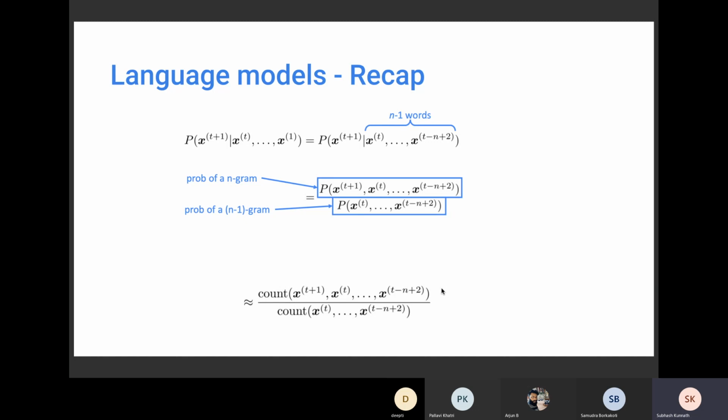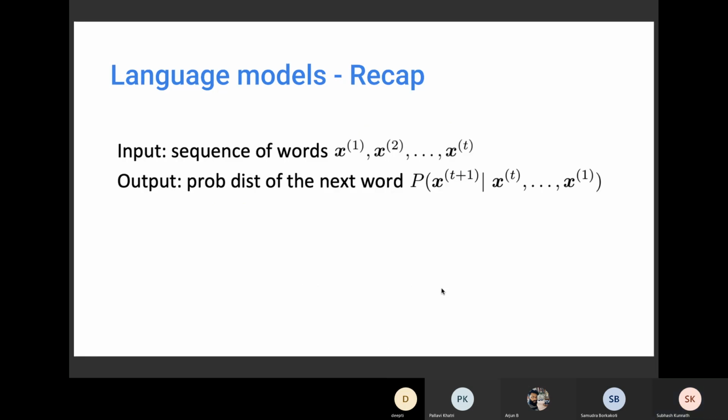You estimate these counts, and then during your calculation you use these counts to create the probability values. So the same thing: you have a sequence of words and you are predicting the next word.